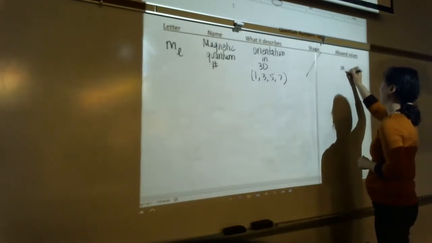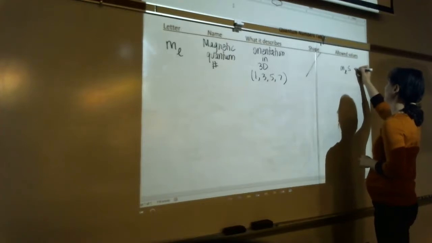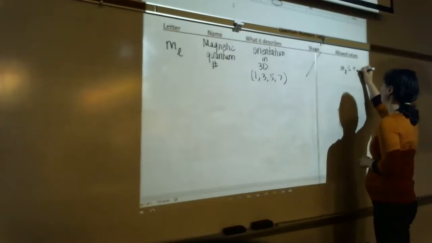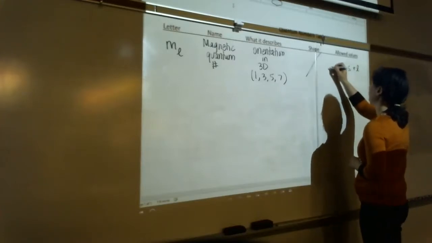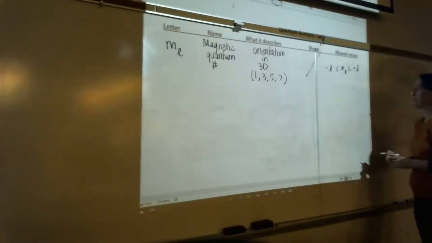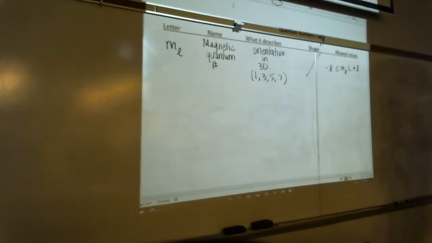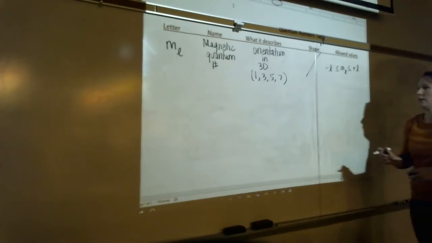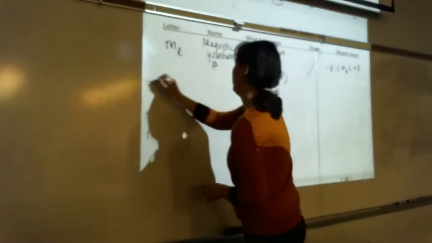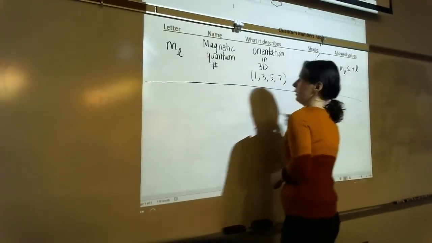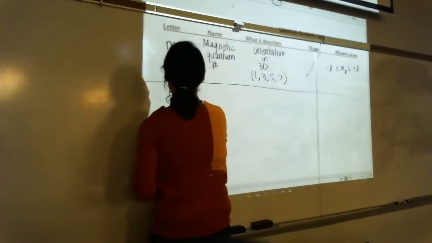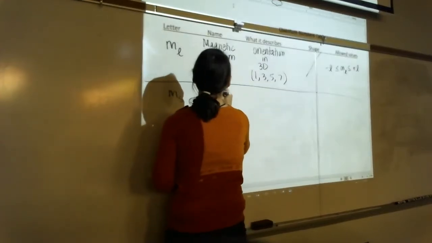M sub L has to be between and include from positive L to negative L. From negative L to positive L, that's your range. And then your last one is M sub S. This is called the magnetic spin.